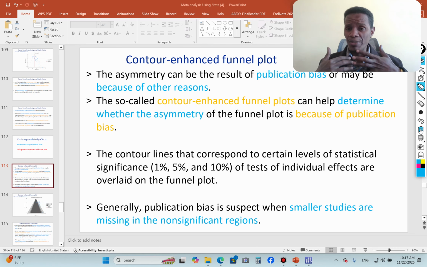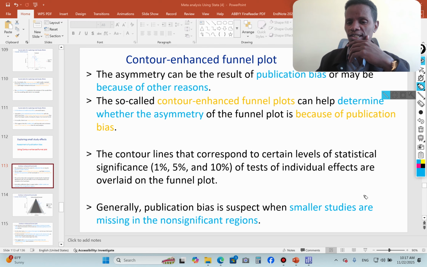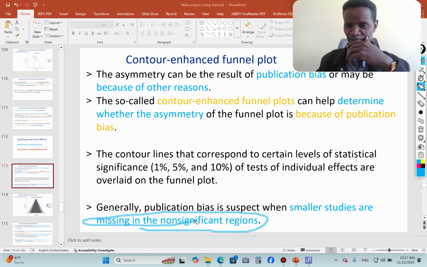So generally, publication bias by the use of this contour enhanced funnel plot is suspected when small studies are missing in the non-significant region at the 1% level of significance, at 5%, and at 10%.